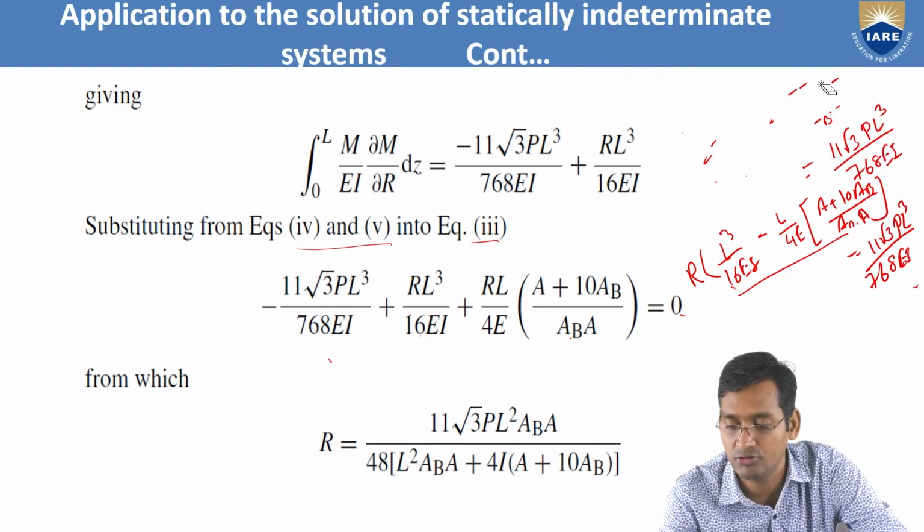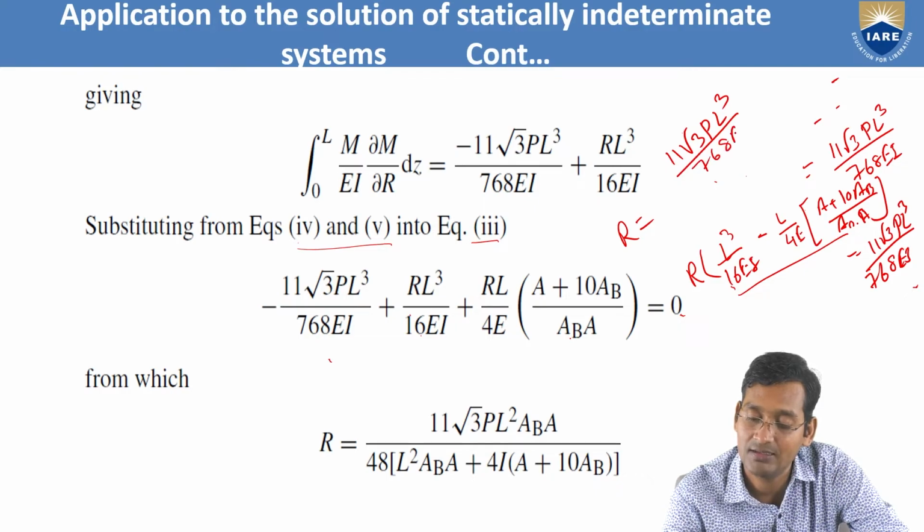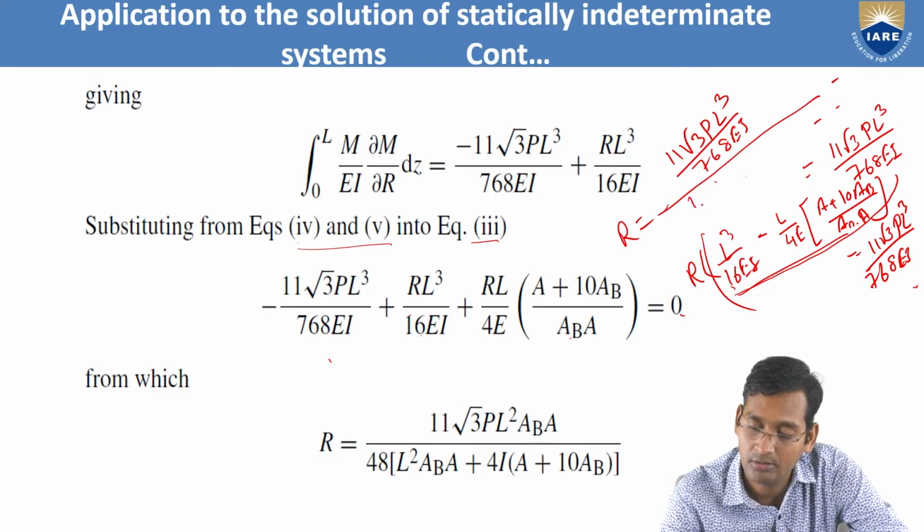So simply R will be equal to, here I am writing, R is equal to what? This one, that is 11 root 3 PLQ by 768 EI, whole divided by this term. Whole divided by what?